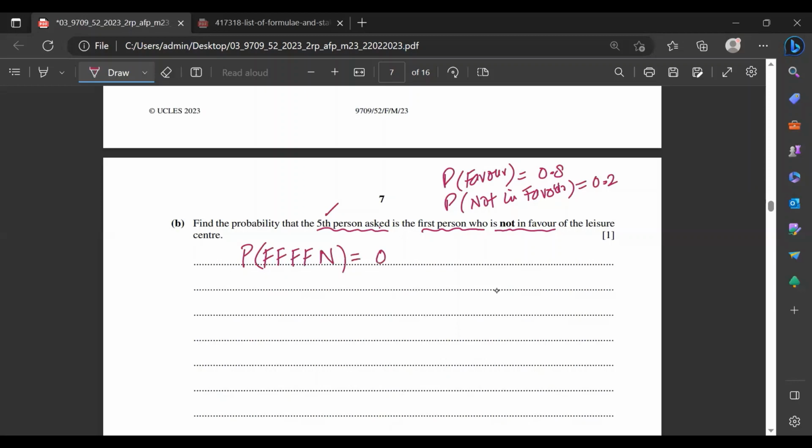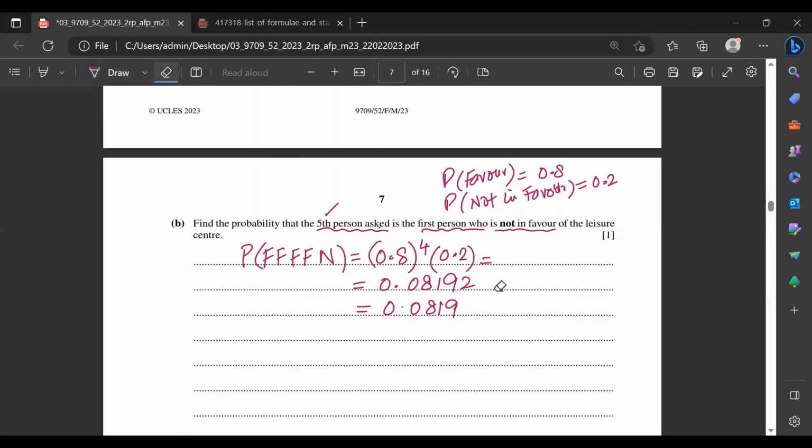So favor means 0.8 times 0.8 times 0.8 times 0.8, power 4, and not in favor 0.2. This is one way of doing this question. Multiplying, 0.8 raised to the power 4 multiplied by 0.2 is 0.08192, which is 0.0819 correct to three significant figures.